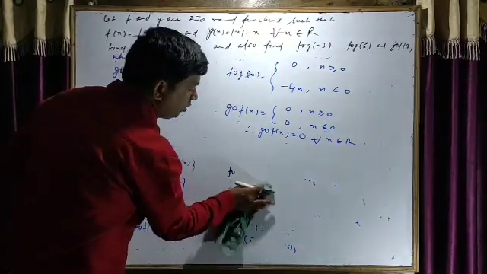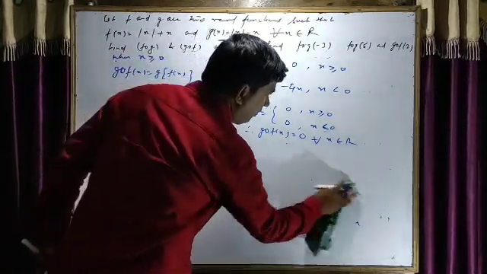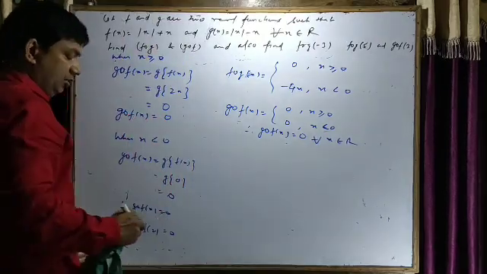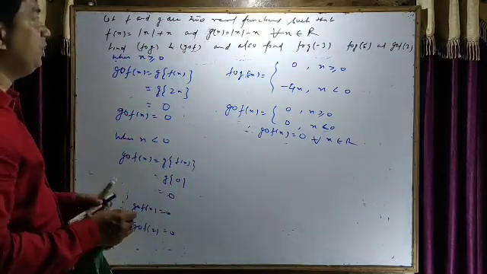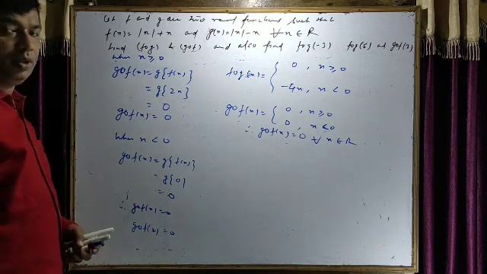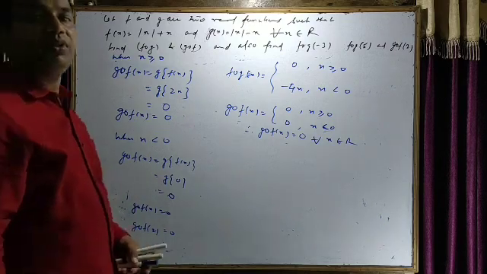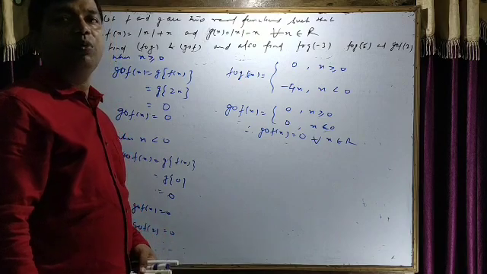Now, last topic, that is invertible function. So take that question. First of all, what is invertible function? I already explained in earlier classes. Invertible function means that function which is 1 1 and onto.